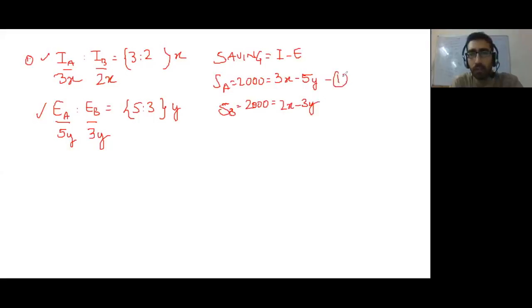So you can solve this in many ways. You can either just equate 3x minus 5y equal to 2x minus 3y, or solve this using linear equations.